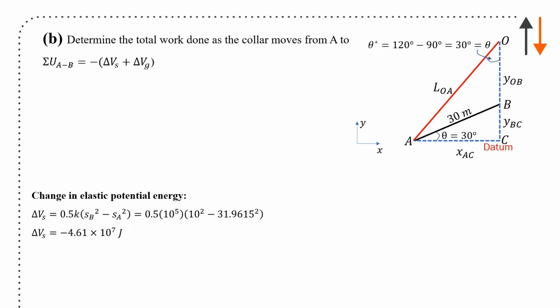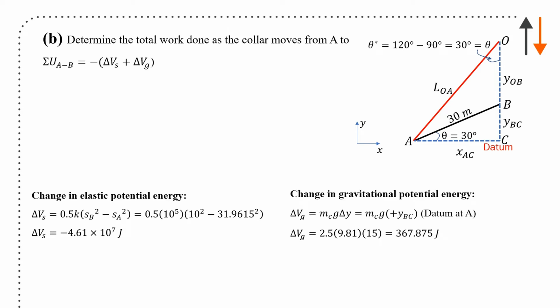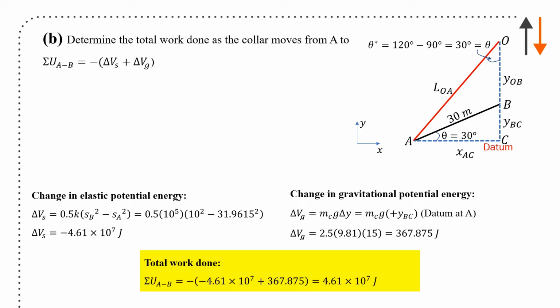You get a really large number, 46 million joules negative. Change in gravitational energy is relatively small, at 367.9 joules. Total work done, add them up, and you can see right away that it's going to be, well, a very large number, 4.61 times 10 to the 7th, and gravity doesn't play a role.